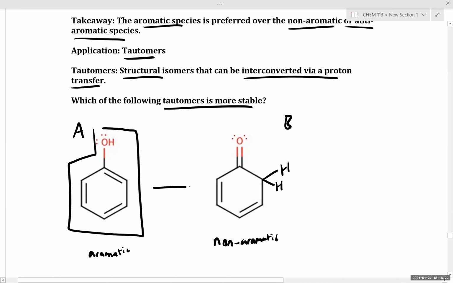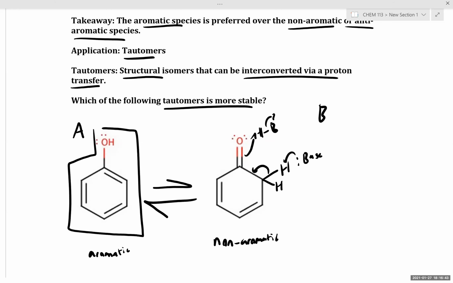A and B can be interconverted via a proton transfer, where the base removes a proton and then a trace amount of acid donates a proton. This is known as a tautomerization reaction.